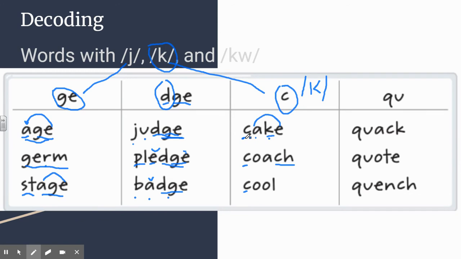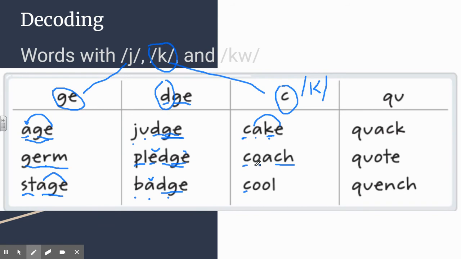Ooh, do you remember the cat that flew the kite? What was that rule for when we put C at the beginning? Remember, we spell C if it's followed by A, O, or U, or a consonant. So we've got cake.